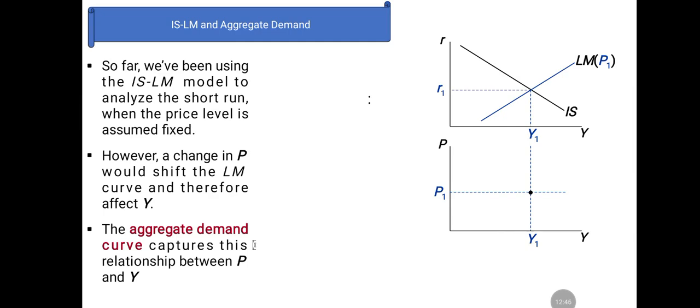So our LM curve shifts leftward, upward. Check this. The LM curve shifts from P1 to P2. Our income declines from Y1 to Y2. When we connect these lower panel points Y1, P1, Y2, P2, it shows the aggregate demand curve, which is negatively sloped.